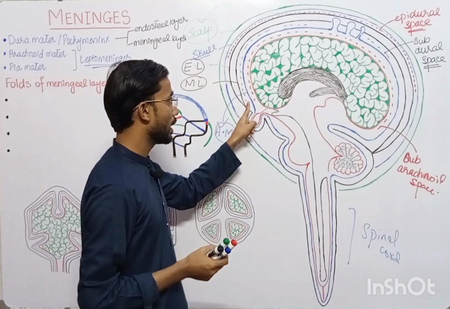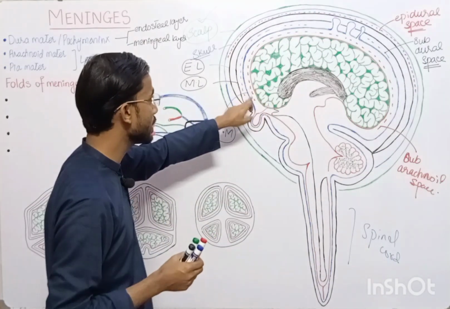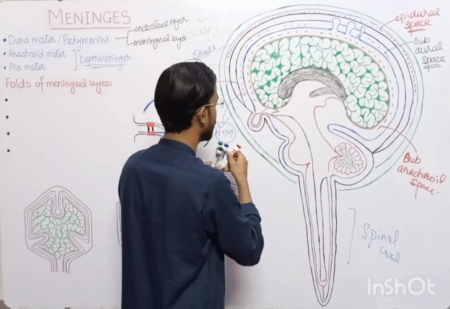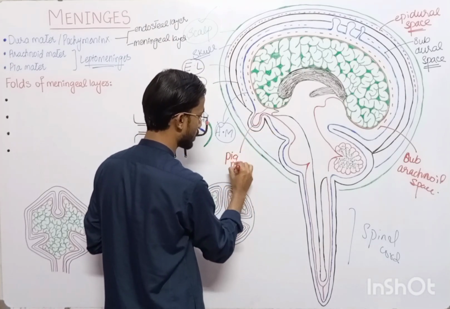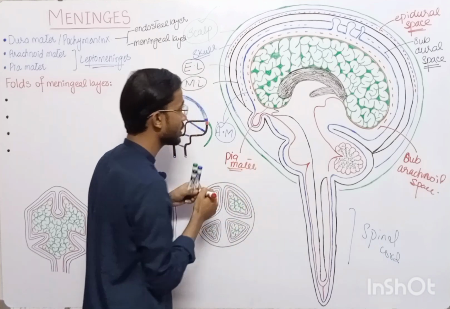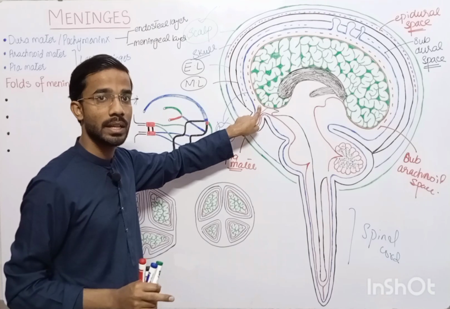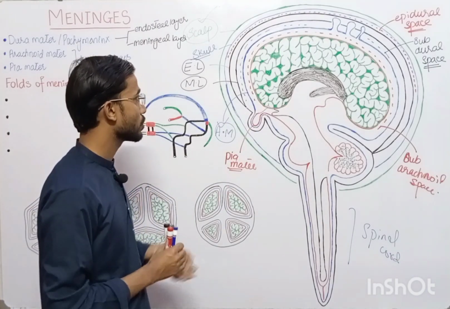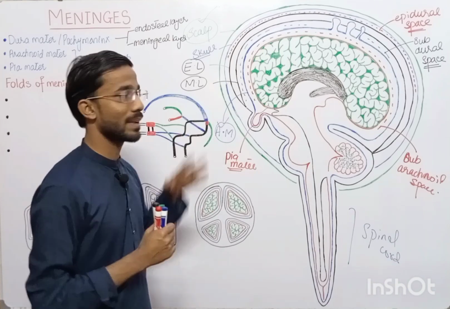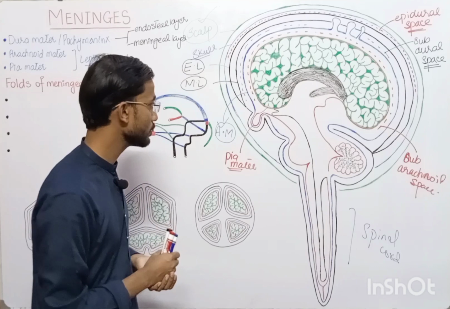The pia matter is shown by the red color. So the space between the arachnoid matter and the pia matter is called subarachnoid space. So these are the spaces which are present between the layers of the meninges.